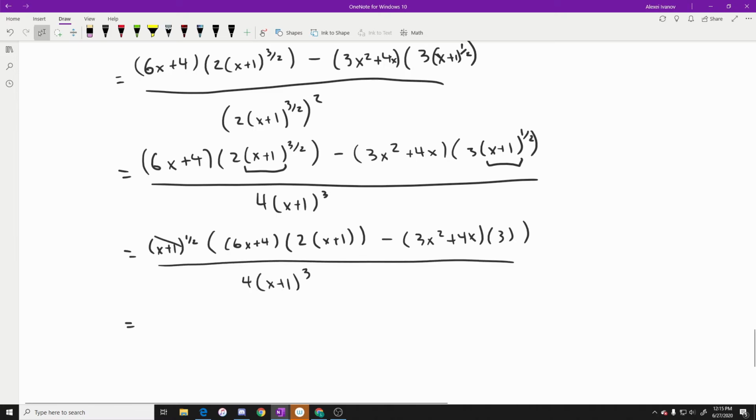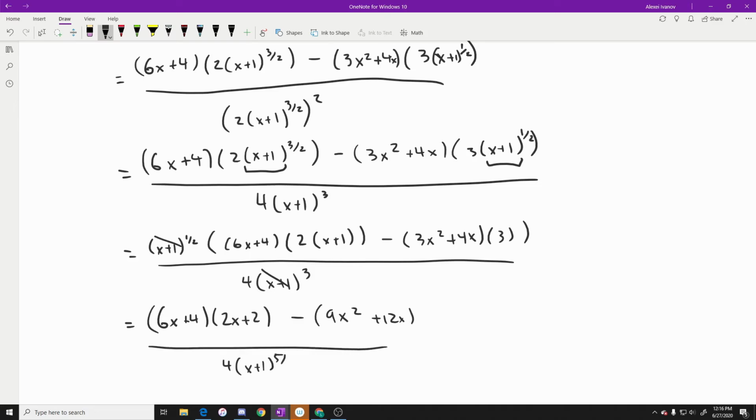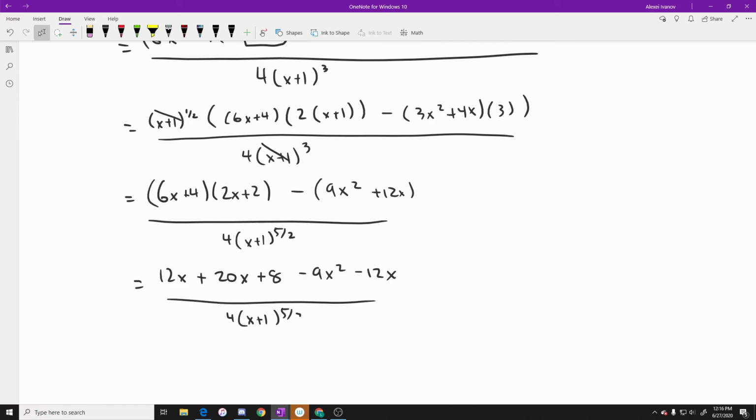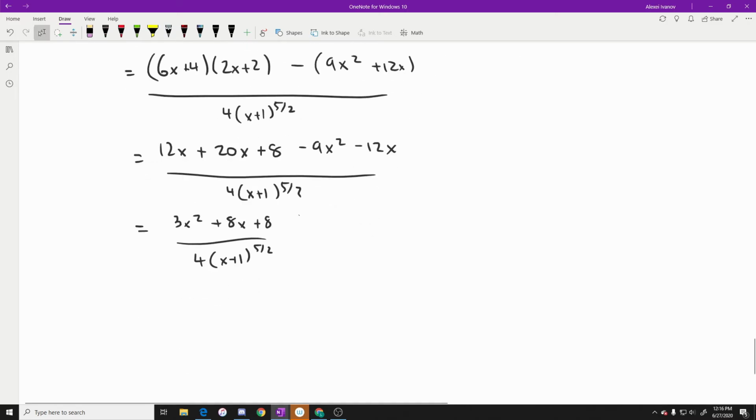So now I'm going to cross out the common factors in the numerator and the denominator. And now I'm just going to go ahead and simplify this function. So there we go. We have computed our second derivative, which is right here.